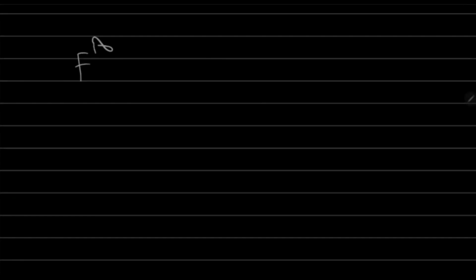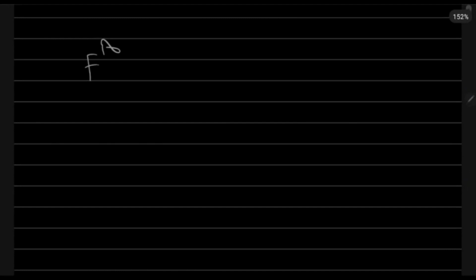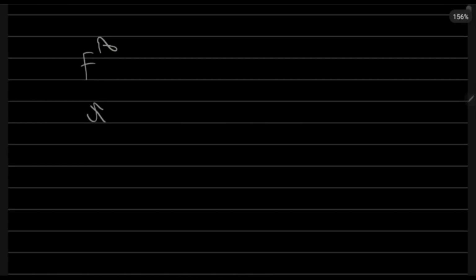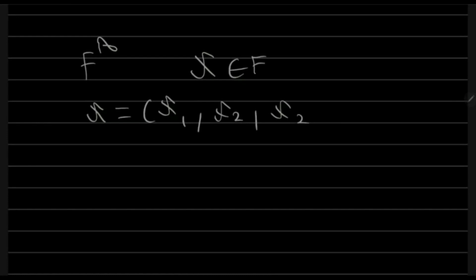So let's define addition on two vectors in Fn. So this first vector is called x, and x is in Fn. It is a vector in Fn. And we'll take some vector y.